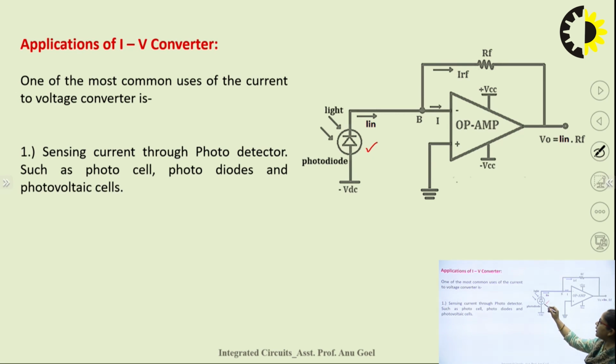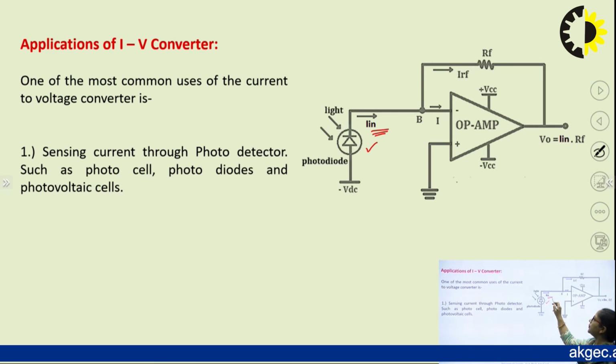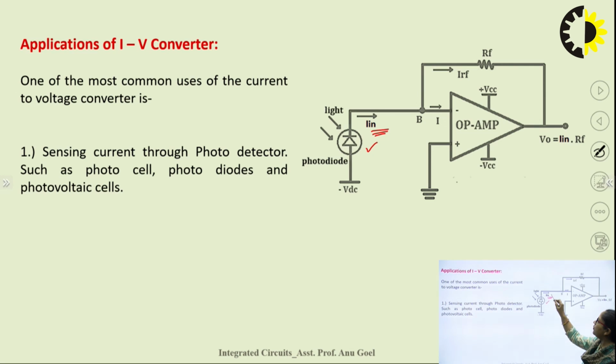So here we have connected one photodiode at the input of the I to V converter. The light falling on this photodiode will be converted into current. That current will work as an input current for our I to V converter. Further, this current will be converted into the equivalent amount of output voltage.